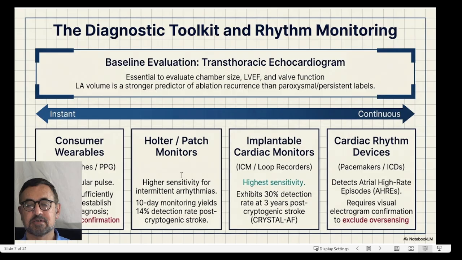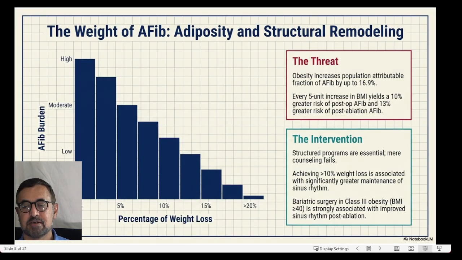Holter and patch monitors improve the sensitivity. Implantable monitors provide the highest yield, whereas consumer wearables are easy to use and do not require prescriptions. Devices such as pacemakers can detect high atrial rate episodes and must be confirmed to avoid oversensing artifacts.